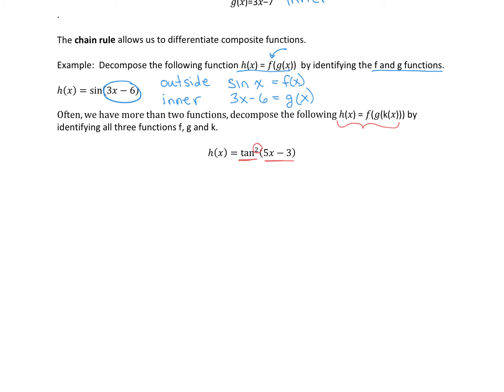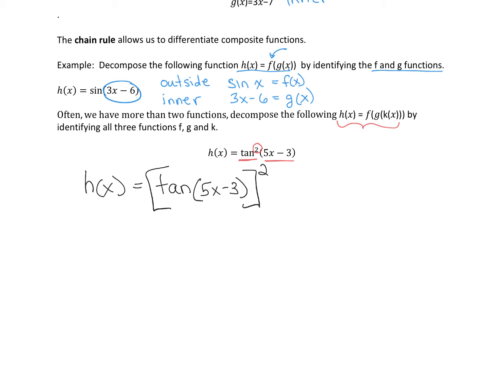So let me first rewrite this. This one can be a little confusing. But this is really the tangent of 5x minus 3, squared. When we write tangent squared, we're saying the tangent is the thing that's squared, not the argument.